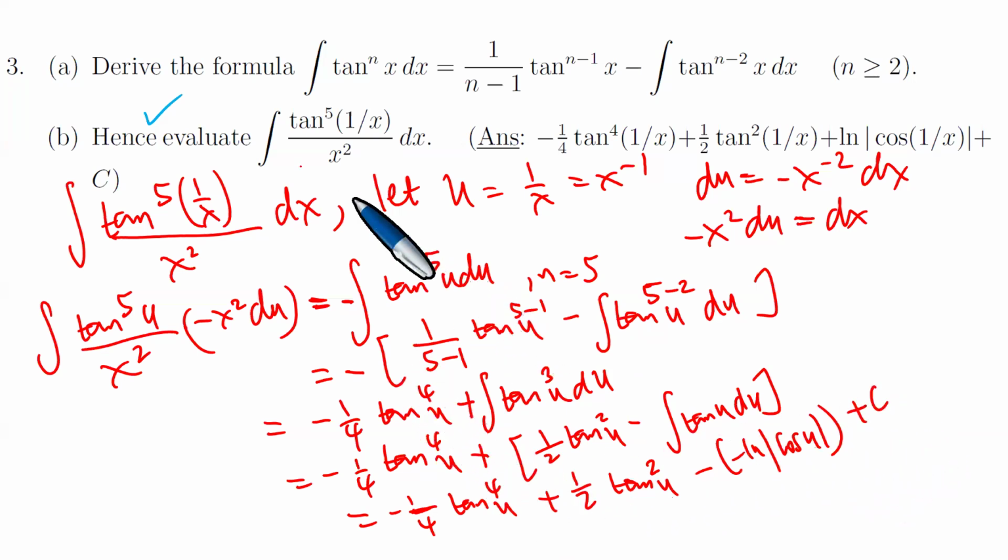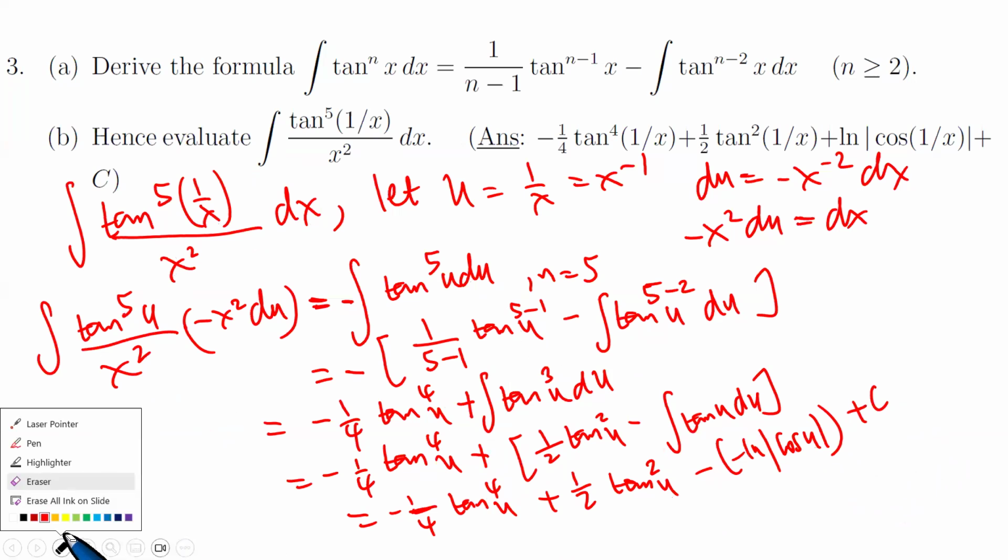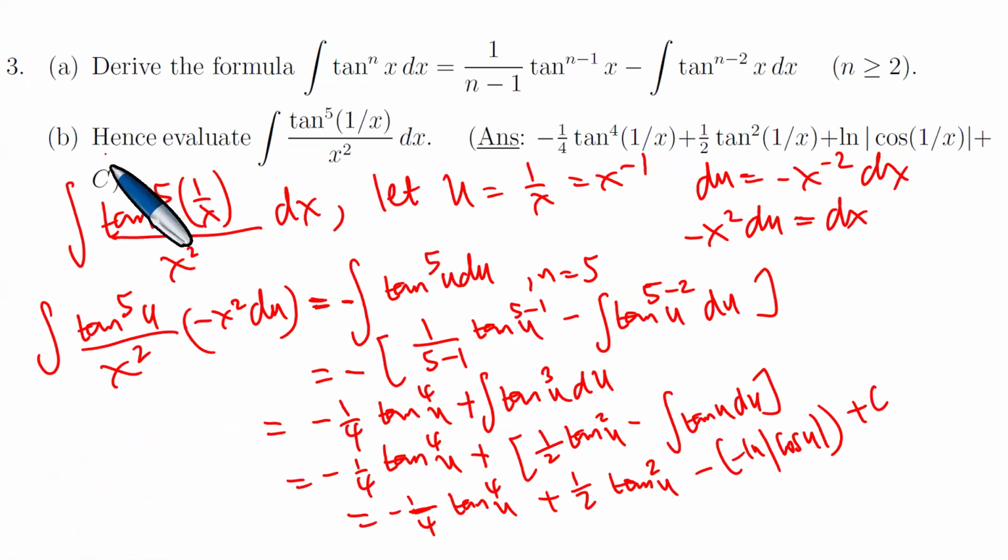So if you look very carefully, then you're going to write the answer like at the top here. So what is the answer? Minus 1 over 4 the tangent to the fourth power of u. What is u? u is 1 over x. So you put 1 over x here.